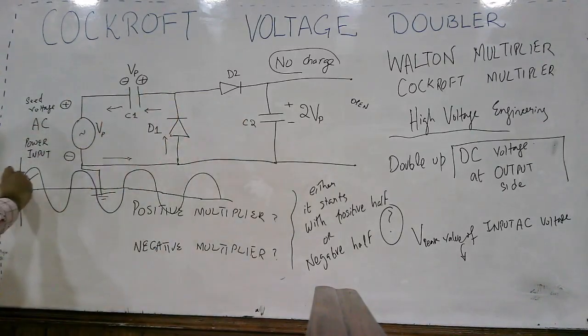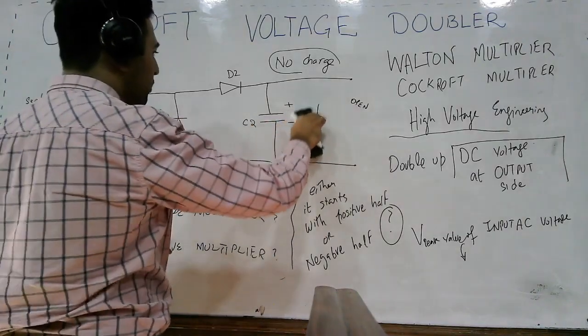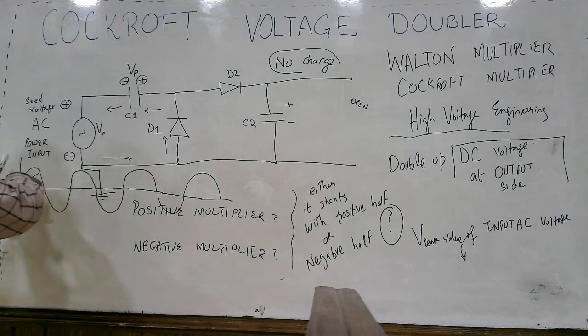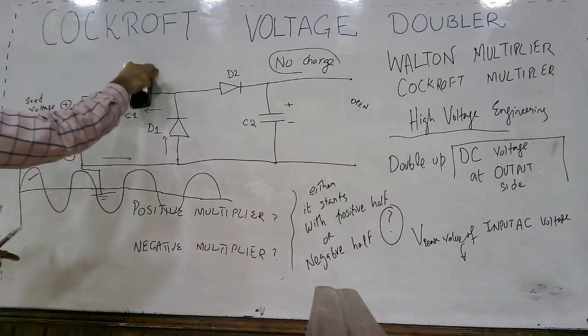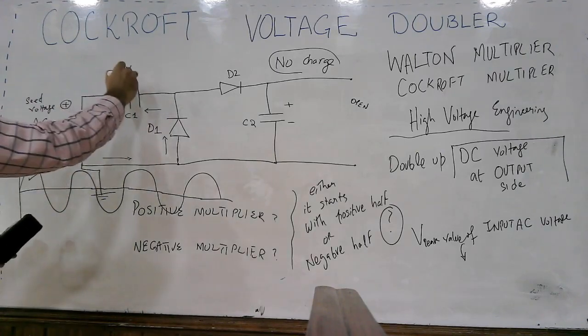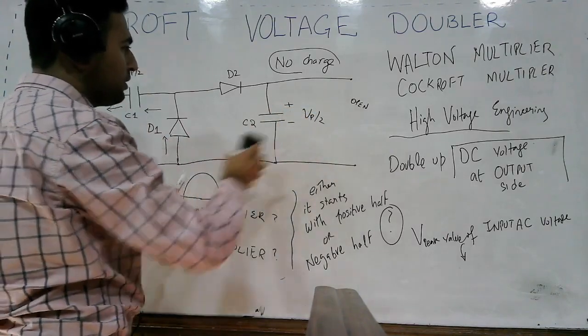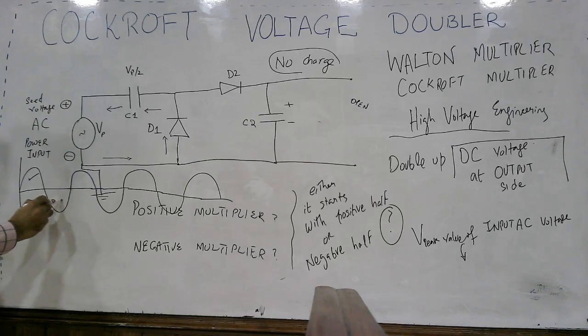When the positive half cycle came in, we had no advantage, because when we have a positive input, the voltages across these two capacitors will be Vp by 2 and Vp by 2. So the positive half cycle here is not doing any significant role. What happens when the negative half comes in?